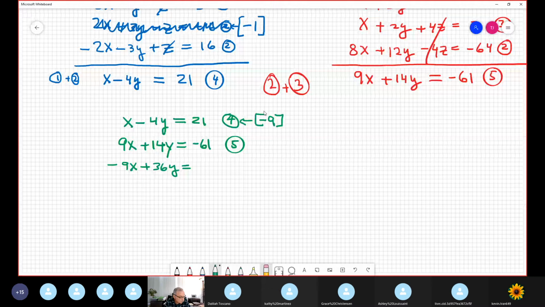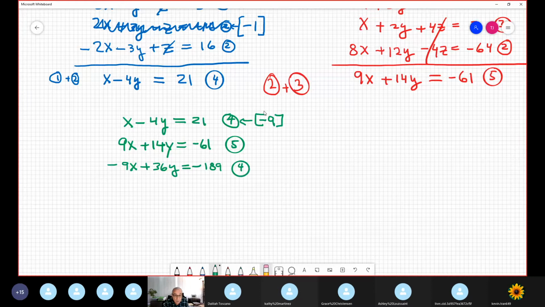Equal, so you multiply, put in the calculator 21 times 9. 21 times 9 is 189, but negative, of course. And this is my new equation 4. The old one is history; I don't care anymore.